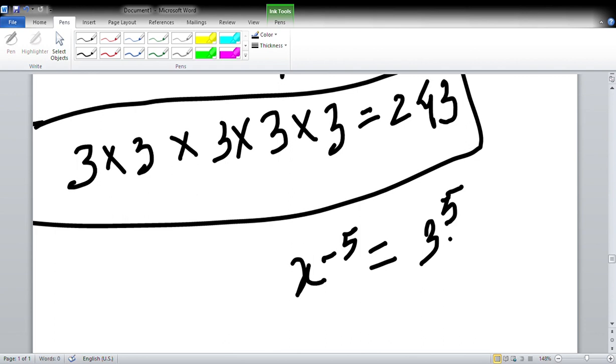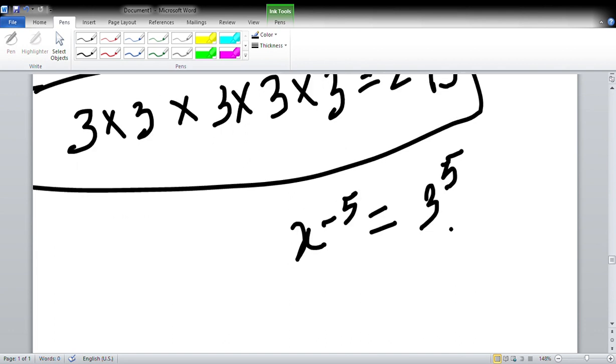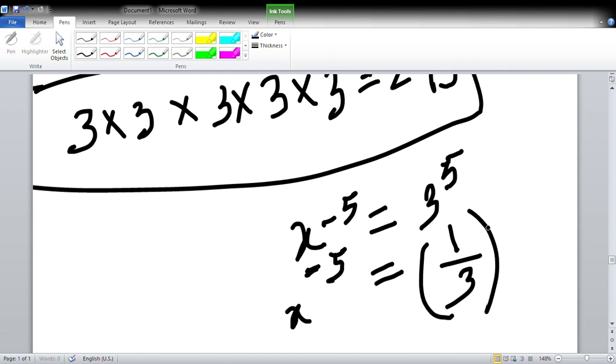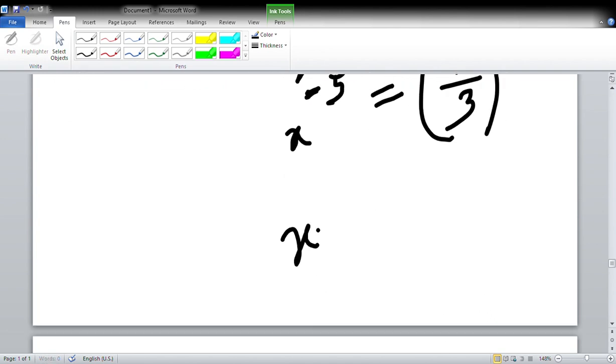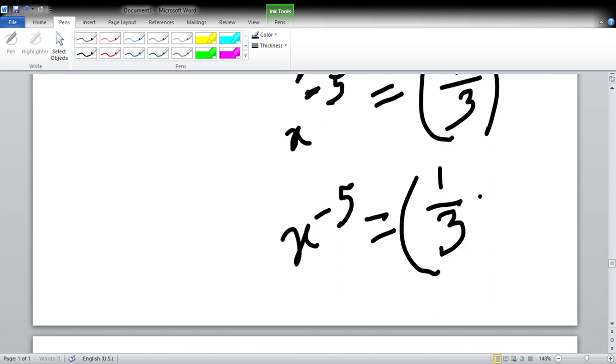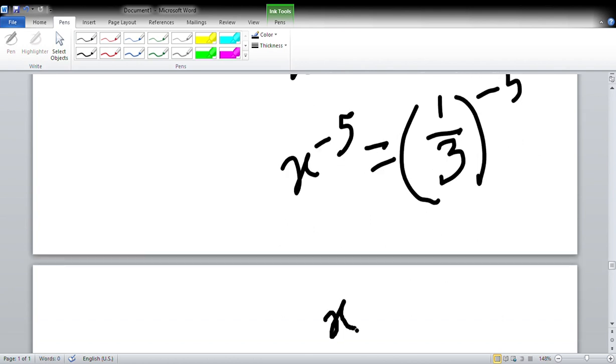If you reciprocate that number, it becomes 1 by 3 to the power minus 5. If both the powers are the same, we can simply write x is equal to 1 by 3. Simple thing. I hope you can understand the problem.